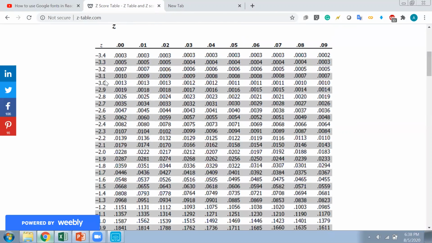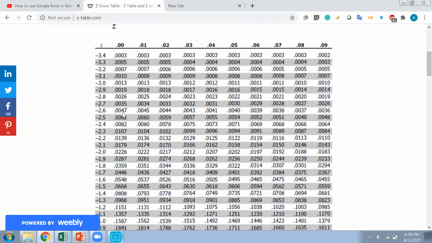What we need is to find the Z value, no? We have the area. These values represent the area, and this represents the Z value. So 0.005 we will find, no? But where is 0.005?